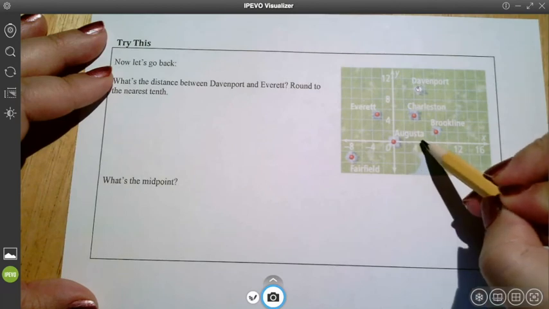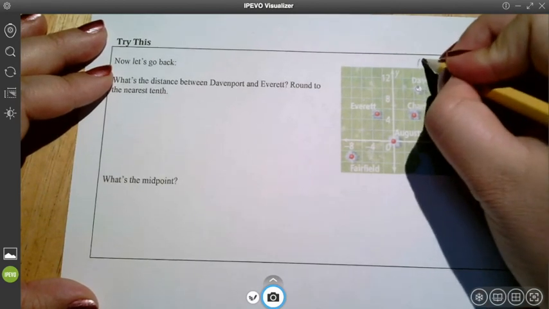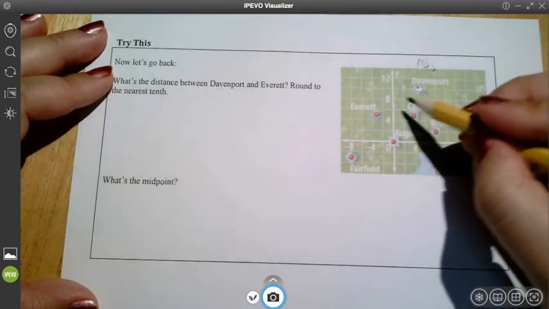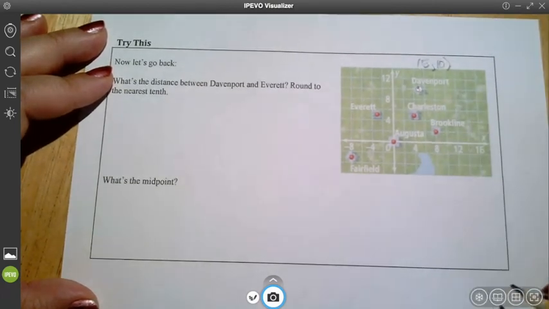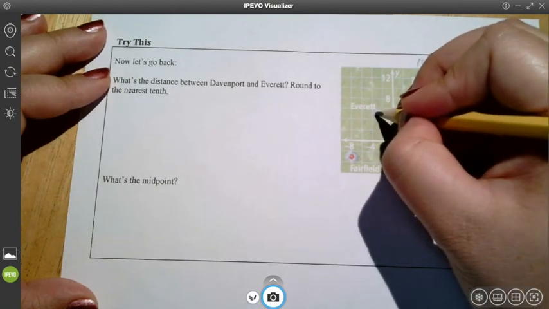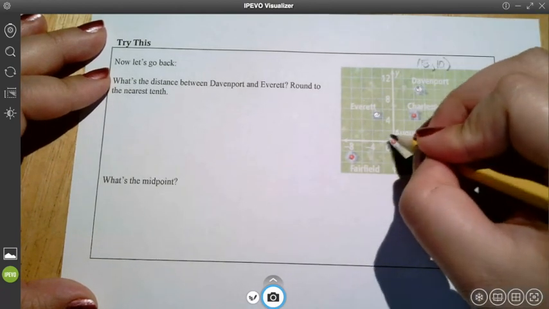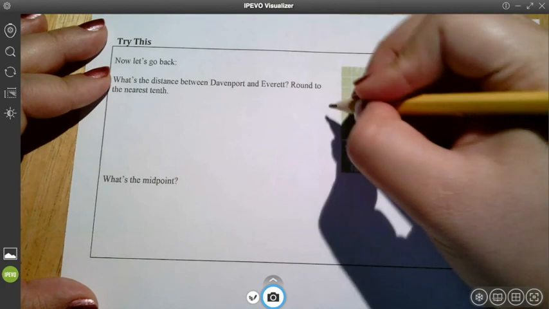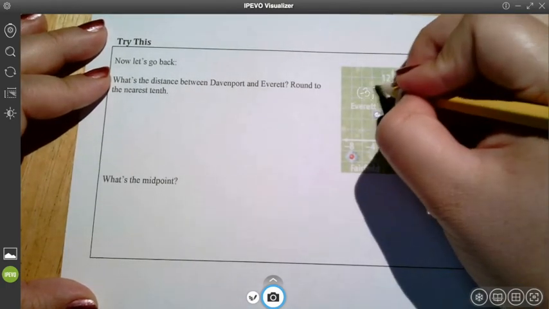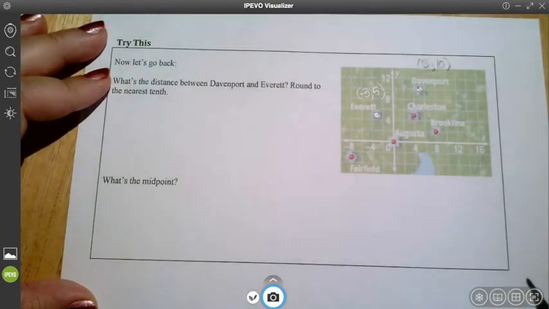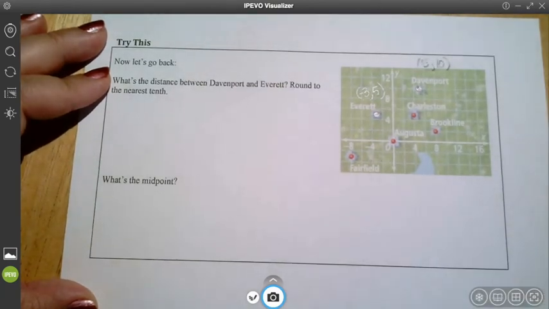So 2, 4. And then halfway in between is 5, comma, and then it goes up to 8, and one more line is 10. And then for Everett, the coordinates we'll use are -3, comma, and we go up to 5. So you use 5, 10, and -3, 5.